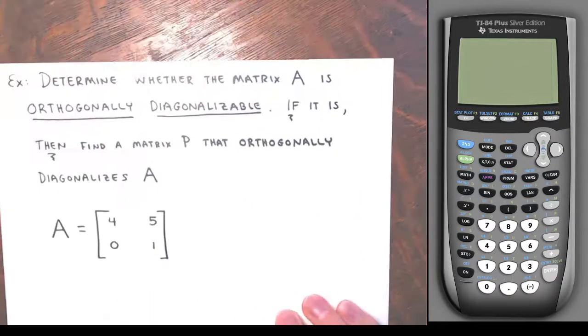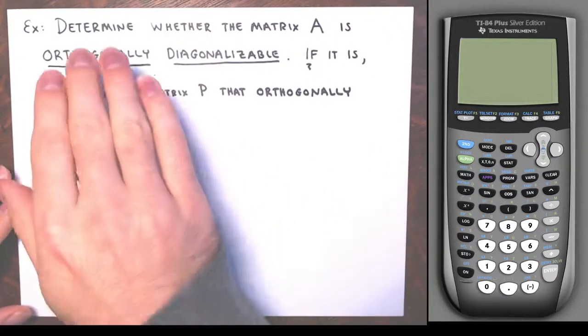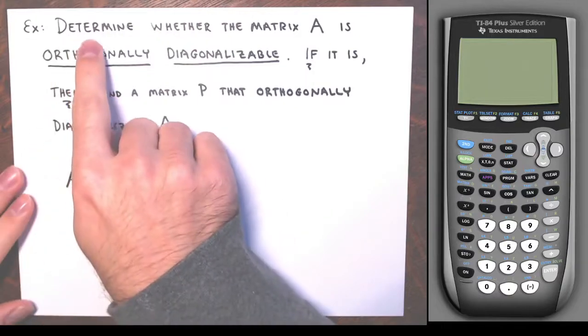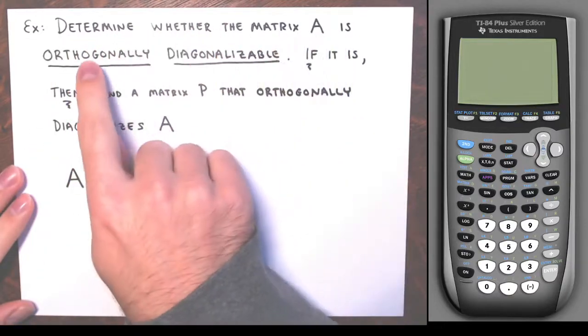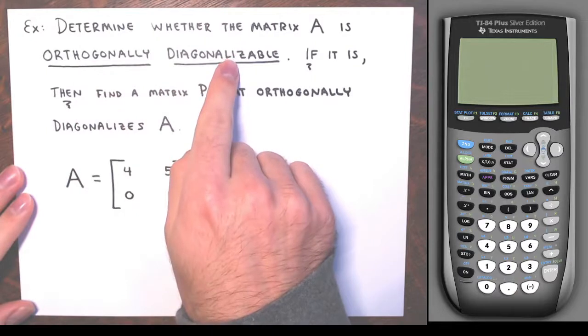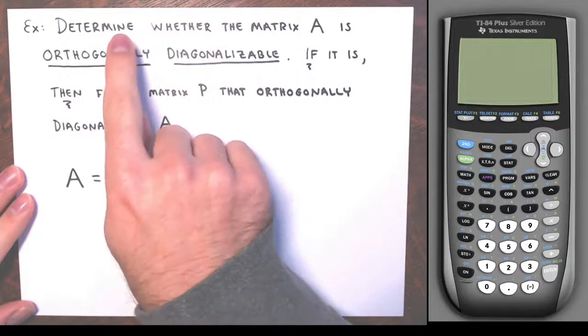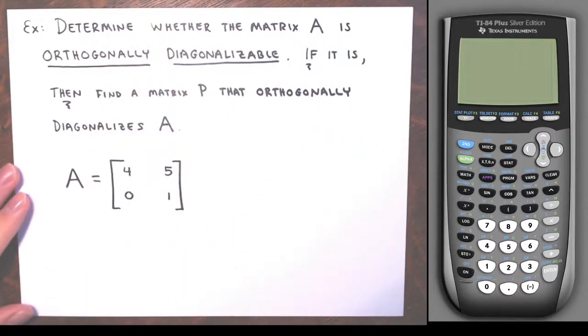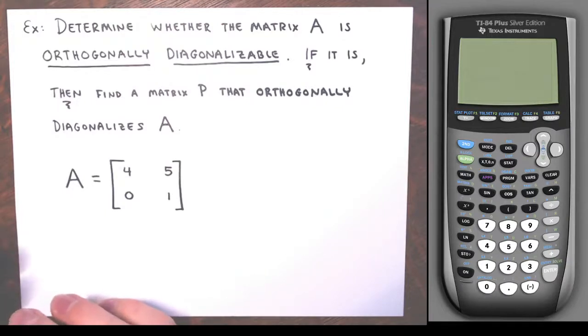So my instructions for every example for the rest of the video: determine whether the matrix A is orthogonally diagonalizable. And if you recall from earlier, that spectral theorem, this is the same thing as asking to determine whether the matrix is symmetric. Because the matrix will be orthogonally diagonalizable if and only if it is symmetric, if it's equal to its own transpose.